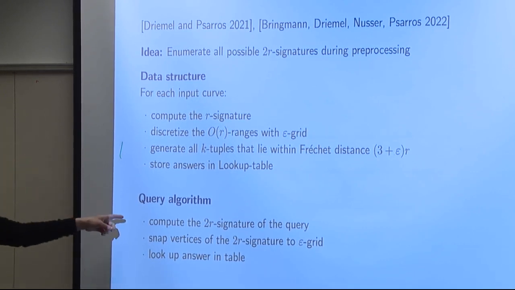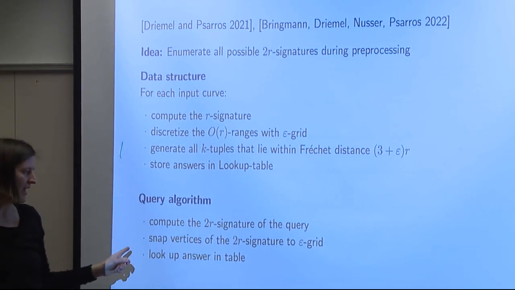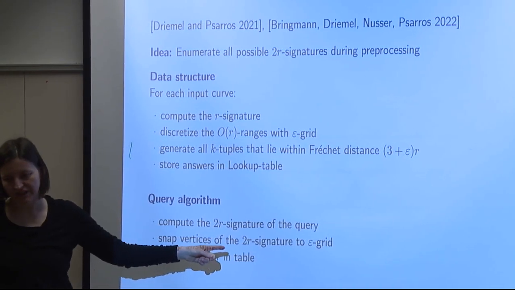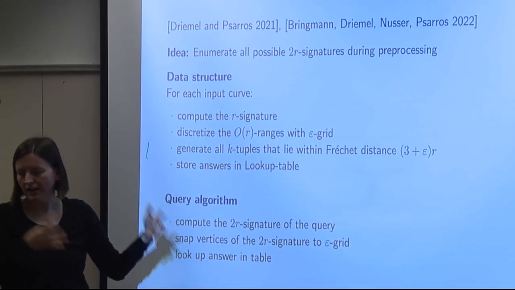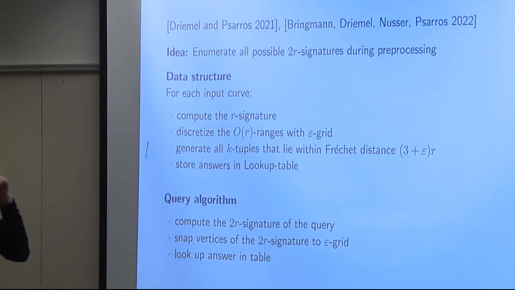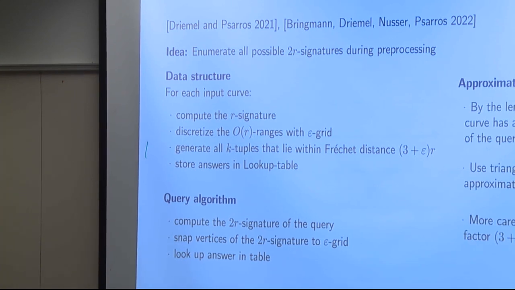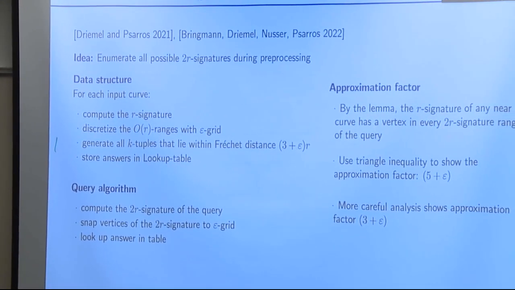Then when I get a query, I compute the 2R signature of the query, and I snap those vertices to the grid. And then I look up my answer in the table. Just by triangle inequality, you get an approximation factor of 5 plus epsilon.